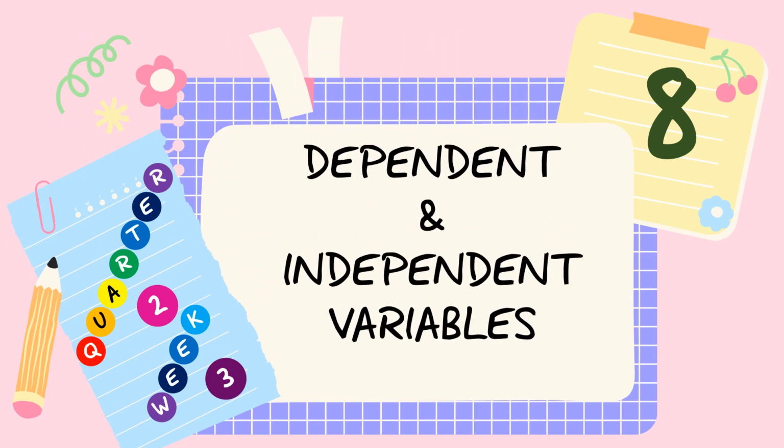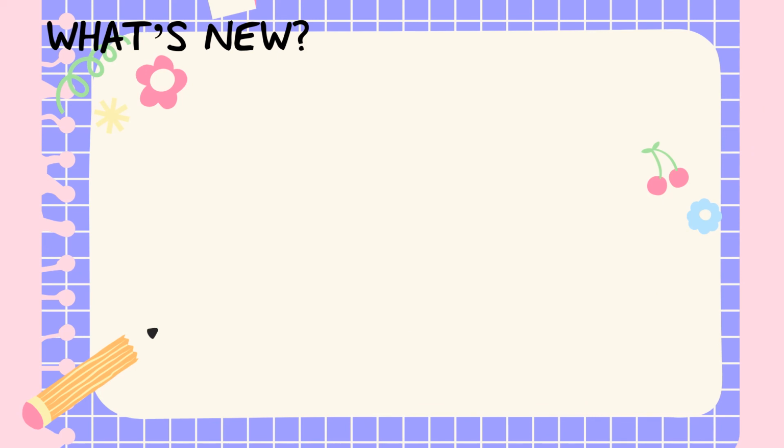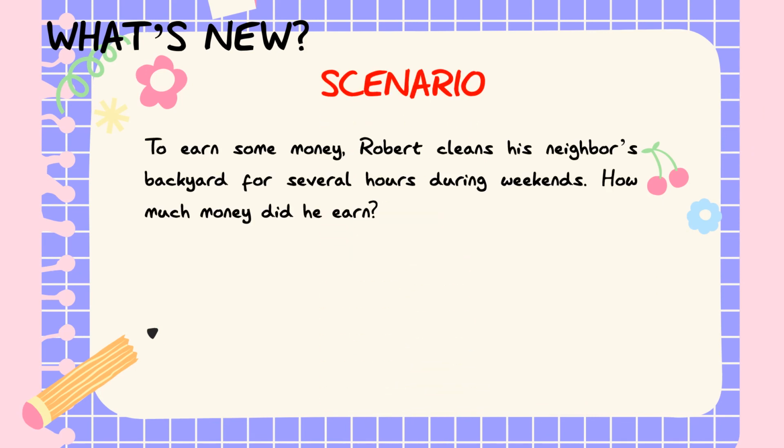Now, let's learn what dependent and independent variables are. So let's have some scenario. To earn some money, Robert cleans his neighbor's backyard for several hours during weekends. How much money did he earn?